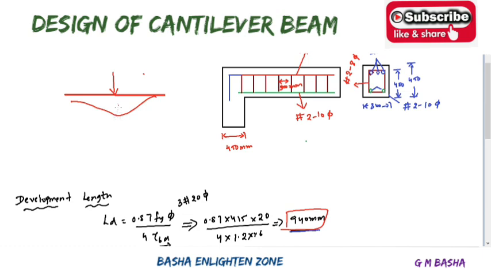Whenever the bar bends like this, for example if the length of the bar is some 5 meters, assume like this, the bar will slip from its original position.